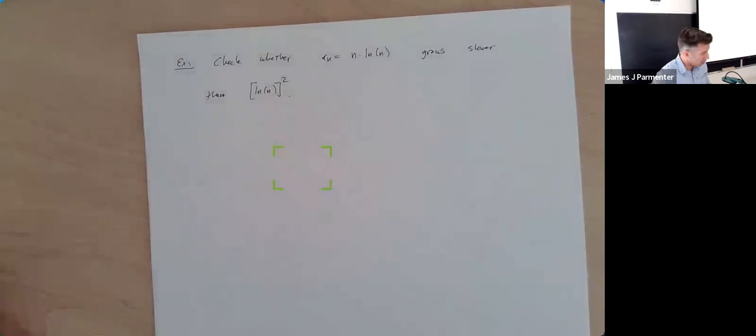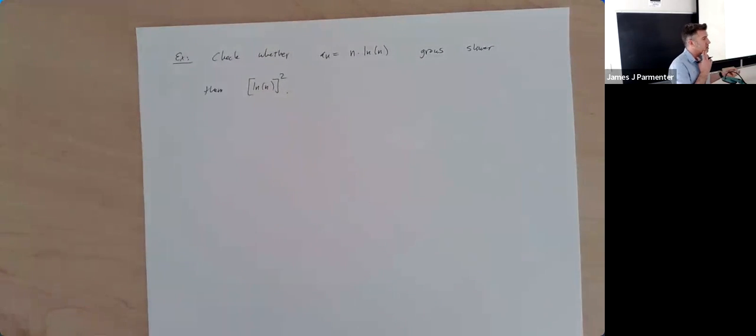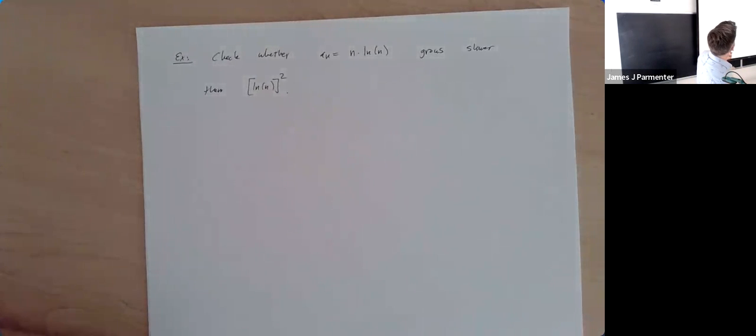Okay, so if you want to see if something is the slower grower, here's what I would do. I would make a fraction, with the thing I want to be slower on top because I like my limits to be 0.